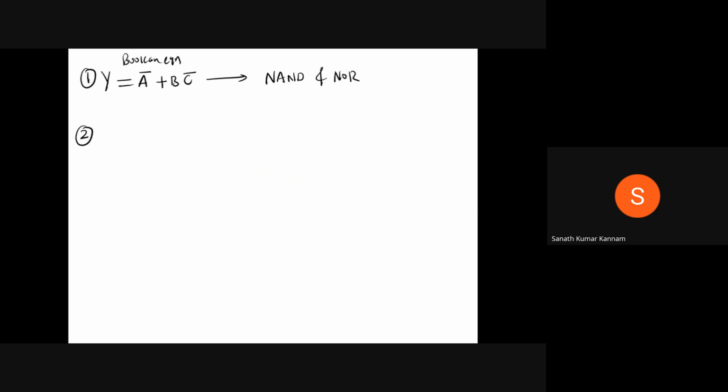For the second one, suppose a logic diagram is given.